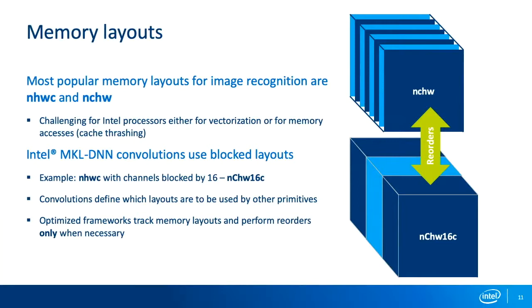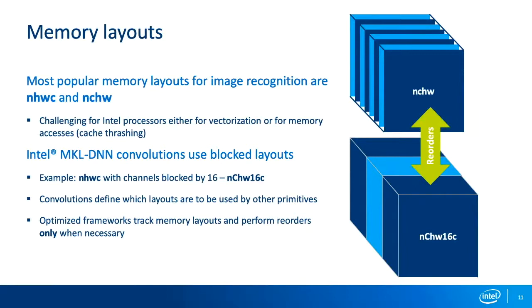So just like there's a memory, there's an operation primitive, there's also a reorder primitive. So if you ask MKL-DNN when you create a convolution, what do you want the format to be? It's going to give you an answer. Then you can load up a reorder primitive and say, take what the convolution told me it wants and convert your data, and we'll do all that for you in what's called a reorder primitive.